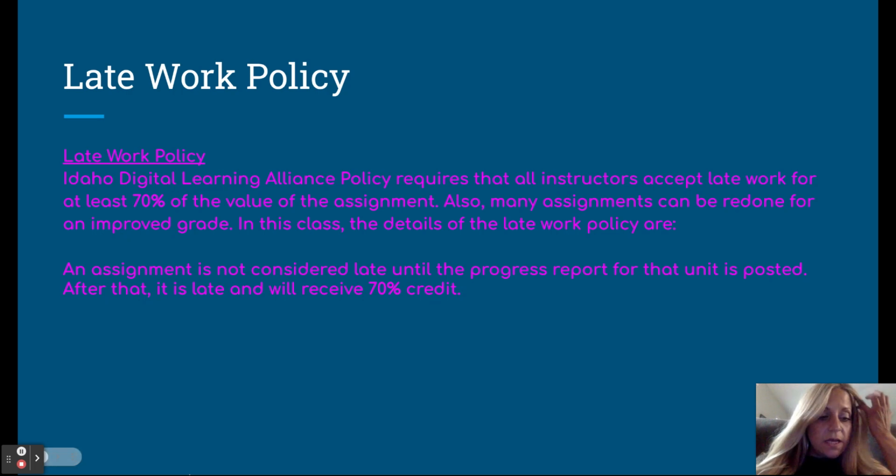Again, we will be completing 1 unit per week, and every week on Tuesday after the unit is over, I will be posting a progress report. You have until then to complete all the work in the unit without any late penalties. You can work on all of the assignments all week long, all the way through Tuesday of the next week without a late penalty.